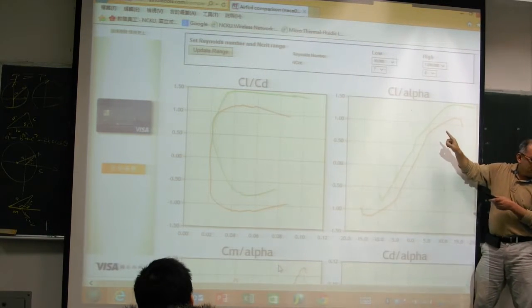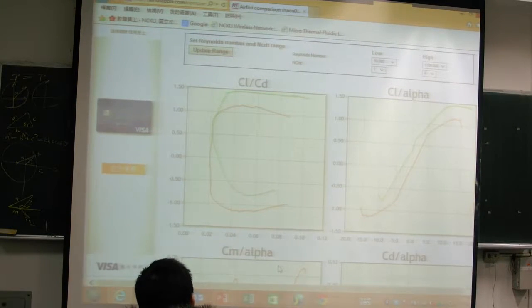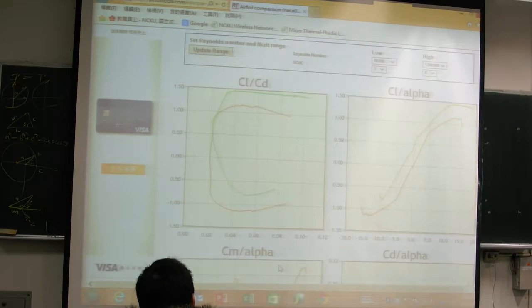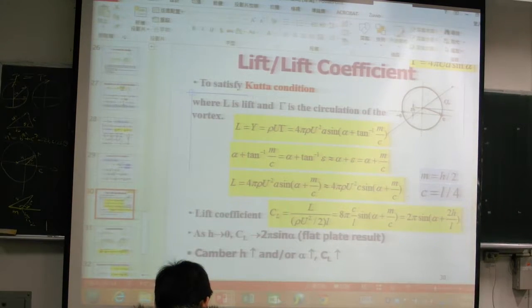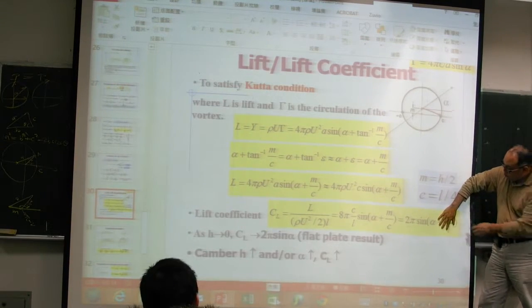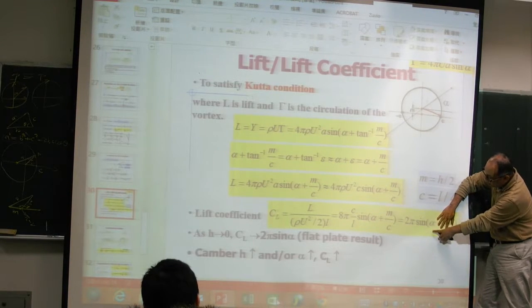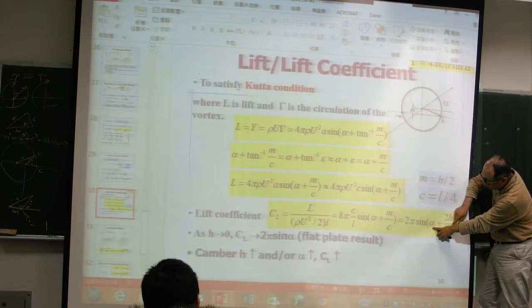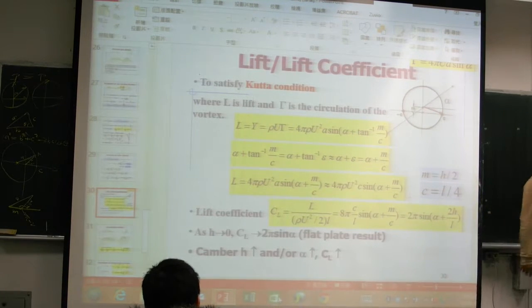Do you understand? You can see this effect. Without camber, everything is based on alpha. With camber, we can have a small alpha plus this additional alpha produce the same lift.